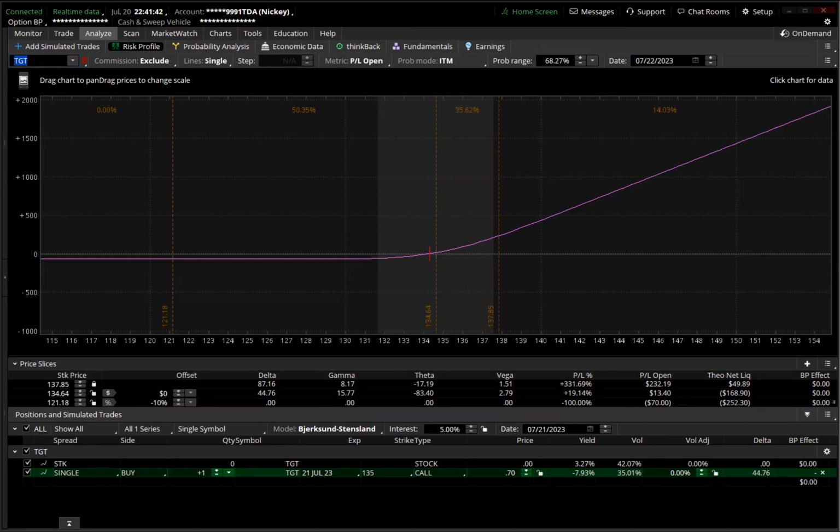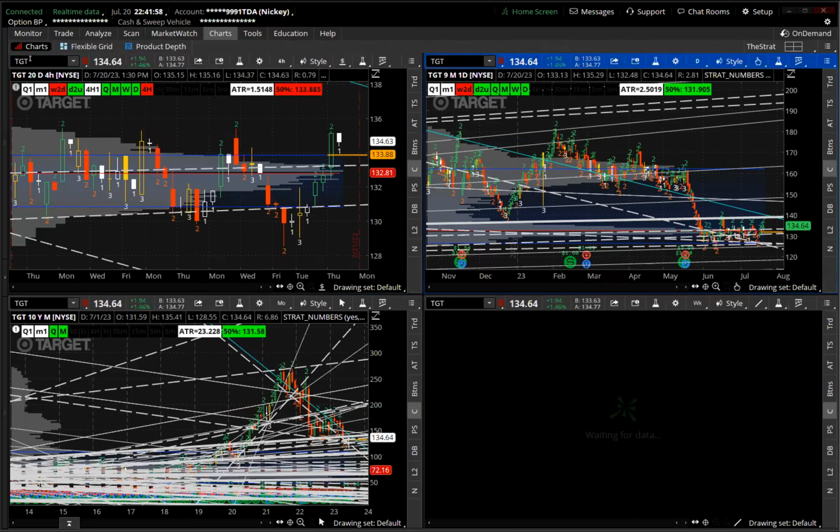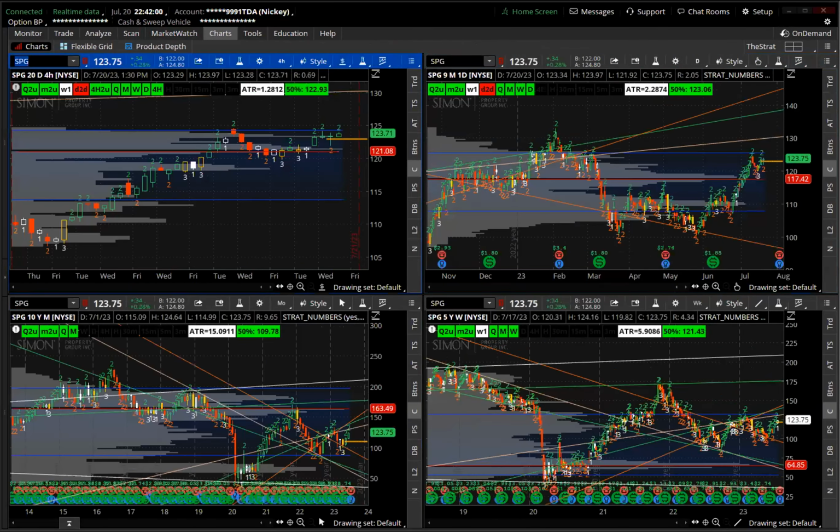So we have staples, utilities, staples. Let's see, FICO has SPG 22. Hammer day.